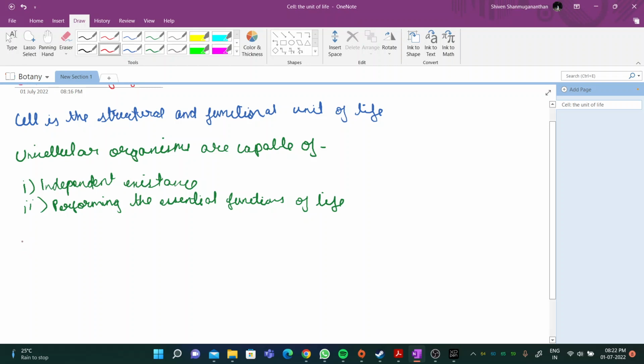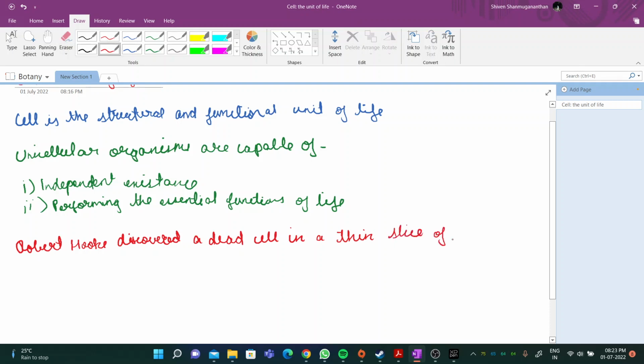So, let me write that down here. Robert Hooke discovered a dead cell in a thin slice of cork.